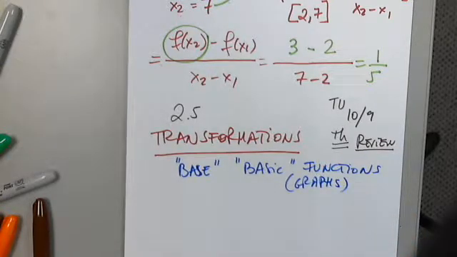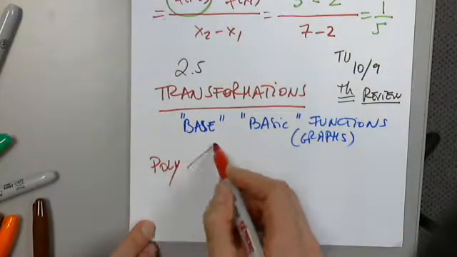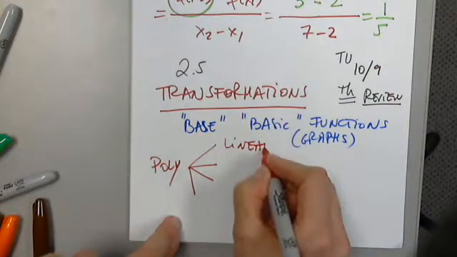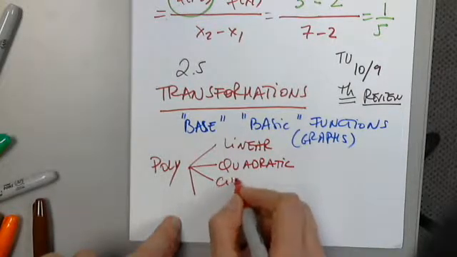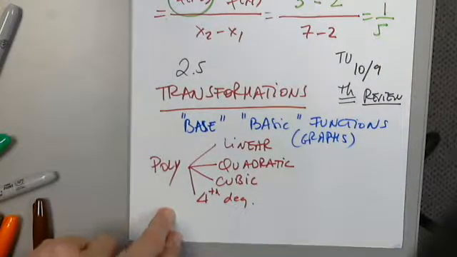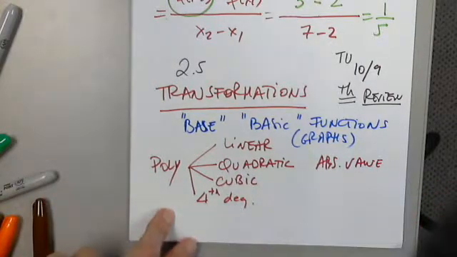So there is no point in talking about transformations if I do not have a good foundation of the basic, the simplest possible, roughly 7 functions. So we're going to look at polynomial functions, 4 of those. One is linear, the other one is quadratic, cubic, and 4th degree. We're going to look at the absolute value function.